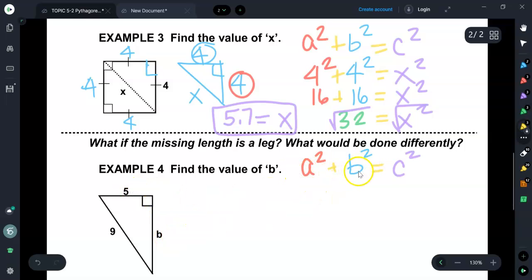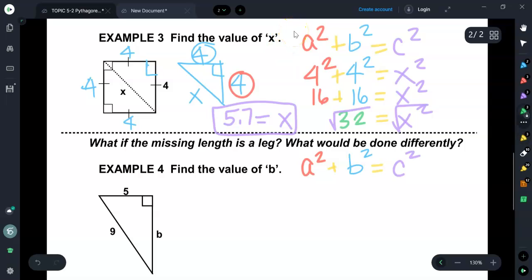In order to solve for a leg, we have to rearrange the equation. Right now, our equation is written so that we're solving for c, the hypotenuse. So we want either a or b to be by itself, not c. I'm just going to move the a over. It doesn't matter whether it's a or b.